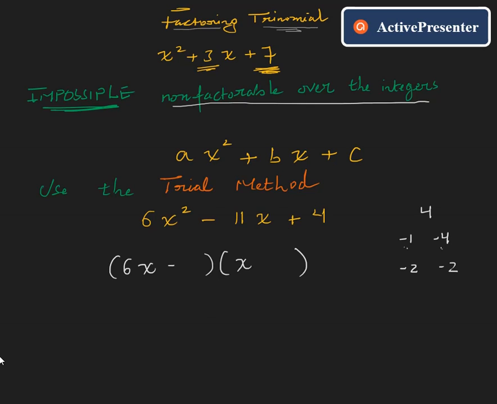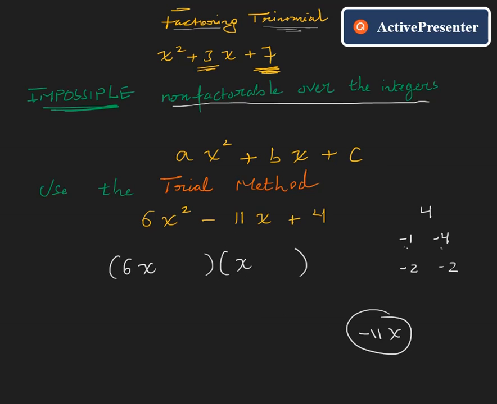Let's check if it is here -4 and here -1. The outer is -6x. The inner is -4x. If you add them, you will get -10x. Then it is not equal to -11x that we are looking for, so we are going to exclude them.